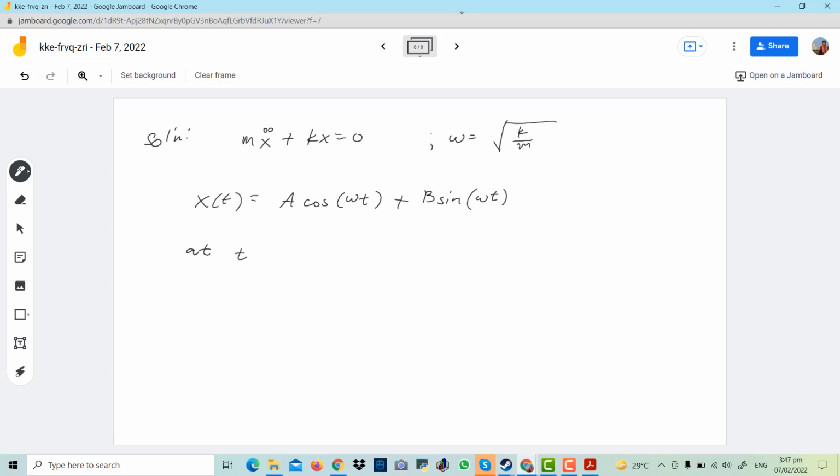At time equals 0, your x is equal to D2.